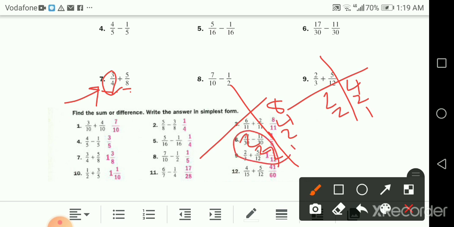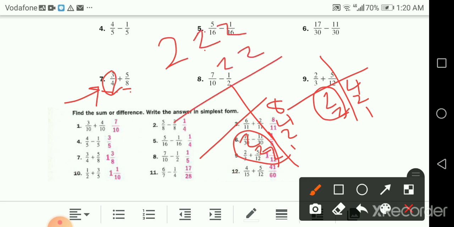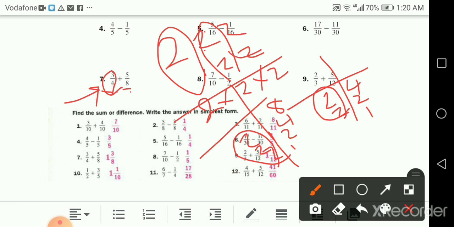So I have three 2's and here two 2's. I take the LCM from the repeated and the not repeated: 2 times 2 times 2. So 2 times 2, 4 times 2, 8. So the LCM is 8.